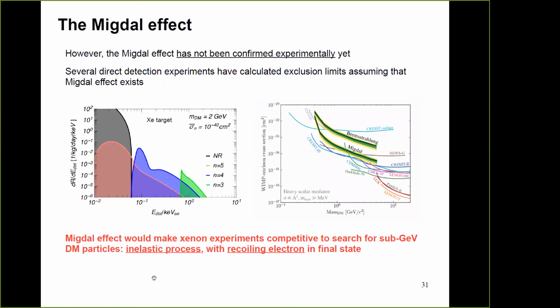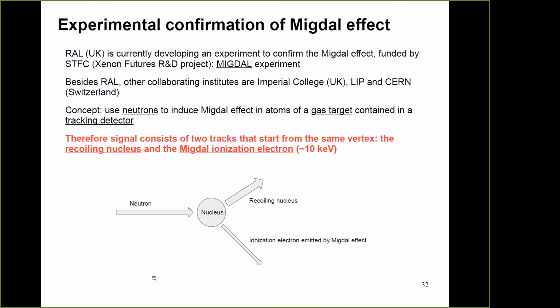This opens very interesting possibilities for xenon experiments. As I said, this is not confirmed yet. So one team of researchers from British, and also from LIP and from CERN, are trying to confirm this effect as follows.